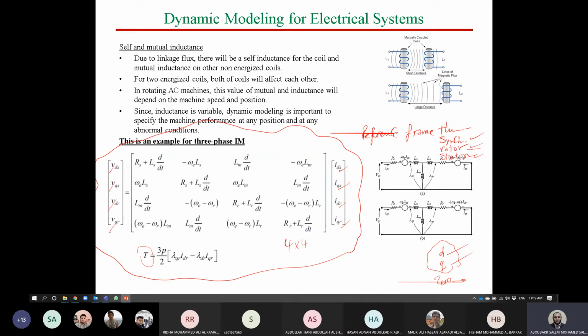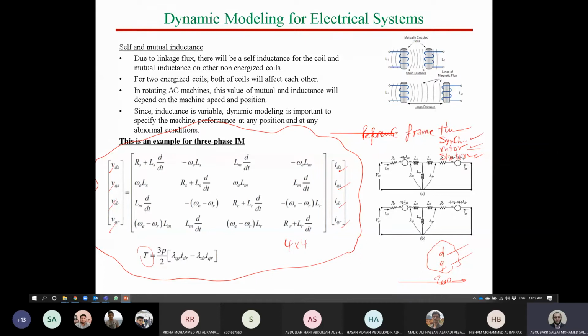This controller needs to be tuned in order to control the machine speed at the desired values you need. How can we tune these parameters of the PI controller? Just by knowing the machine parameters and knowing the machine model.